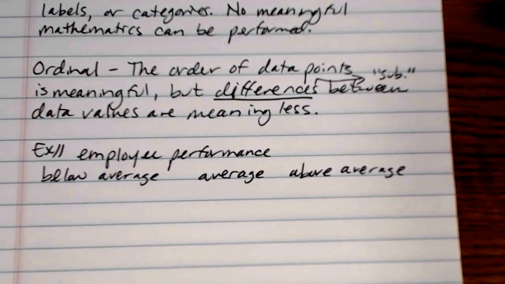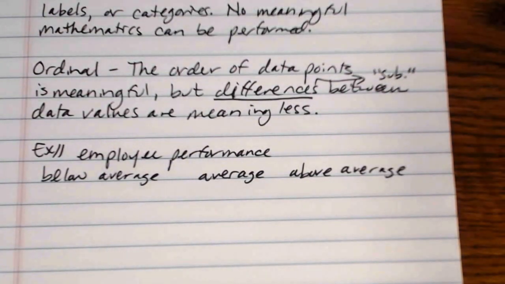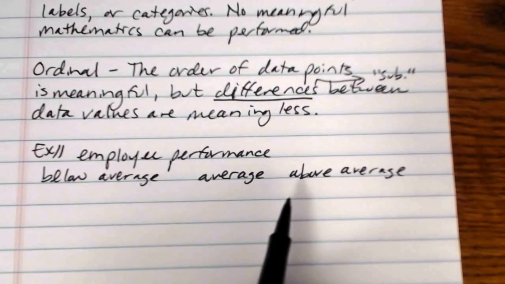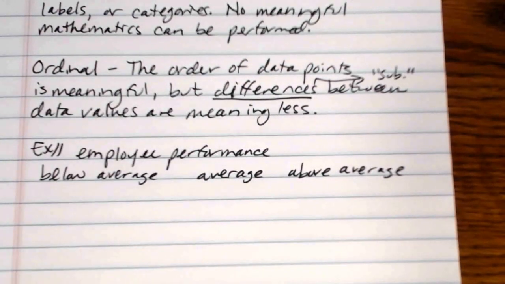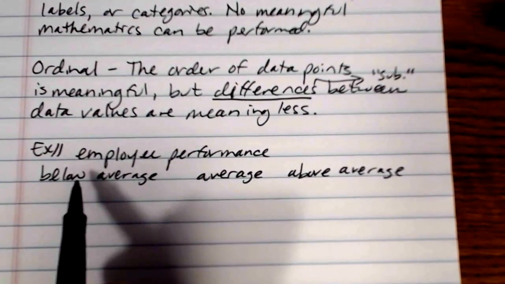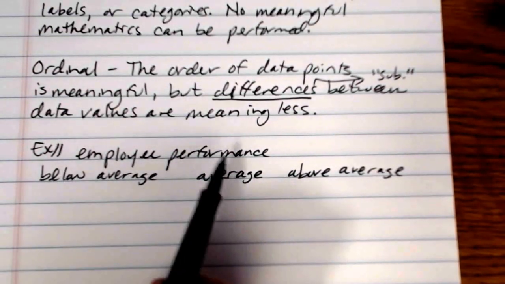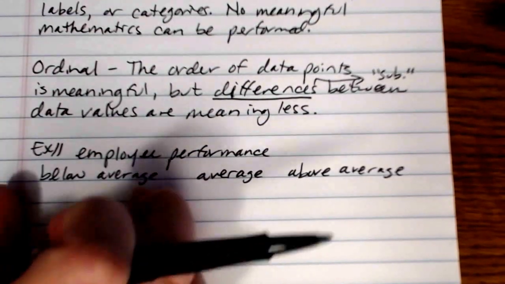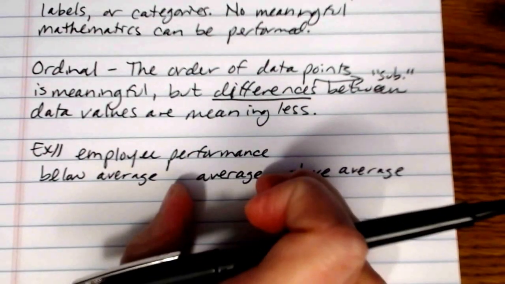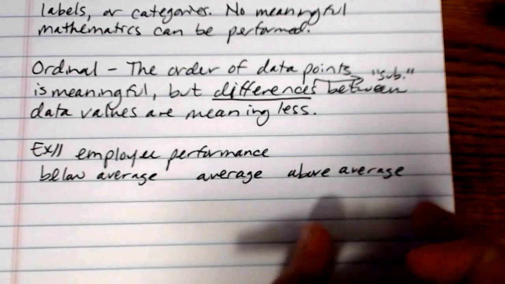So if we rated, let's say, 50 employees, could we put those data values in an order that would be meaningful? Well, sure, we could order them from either lowest performance to highest or highest to lowest, but the order is important. Below average is a lower ranked measurement than average, which is a lower ranked measurement than above average.